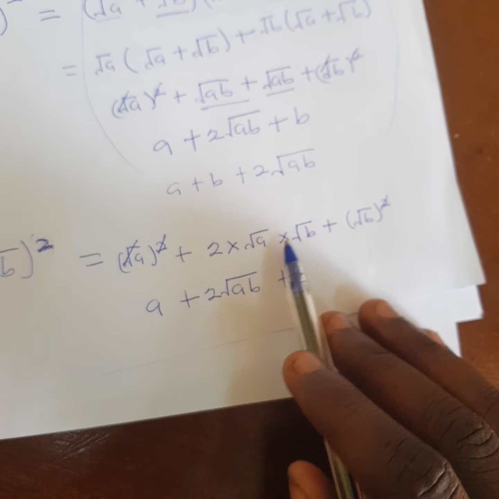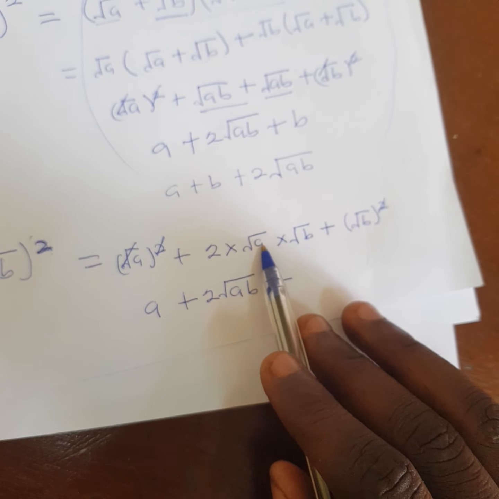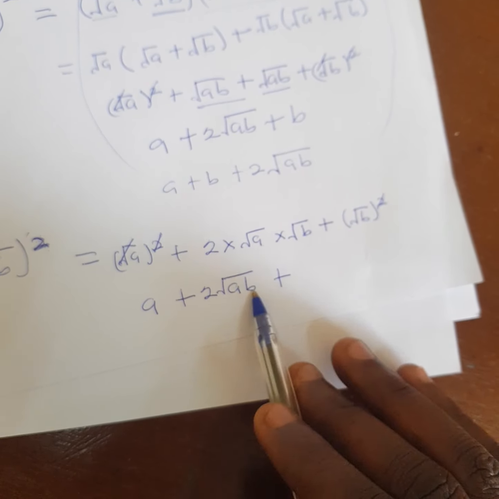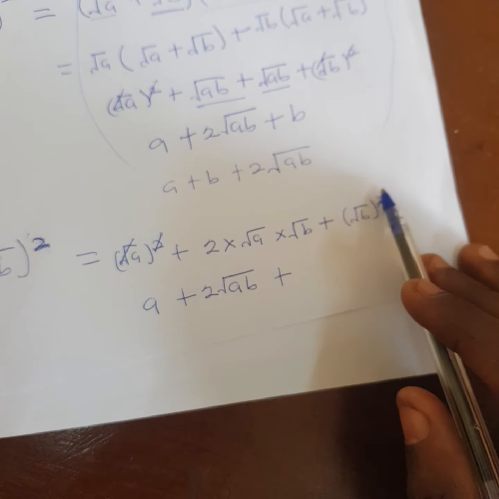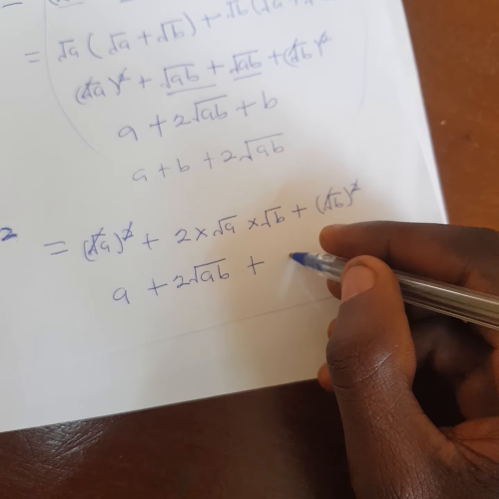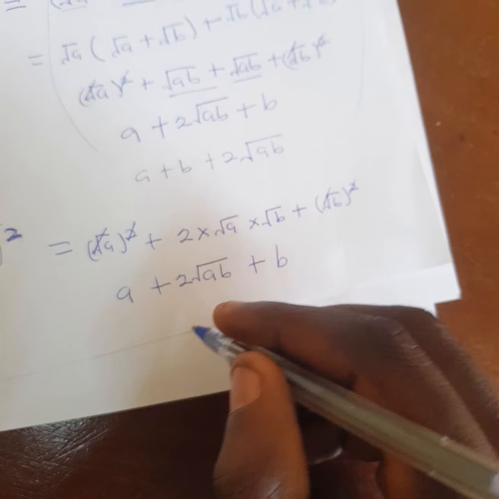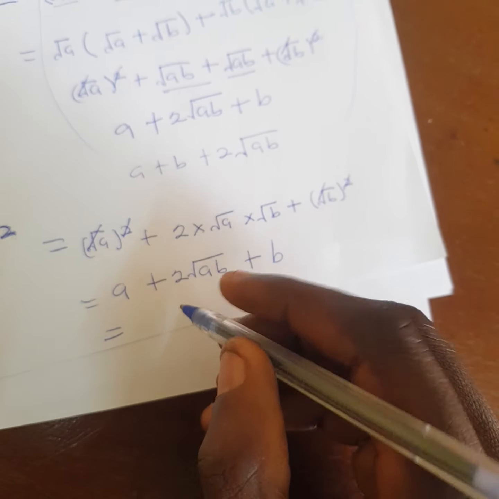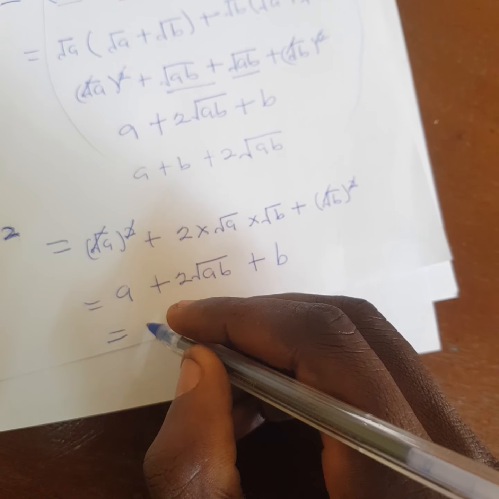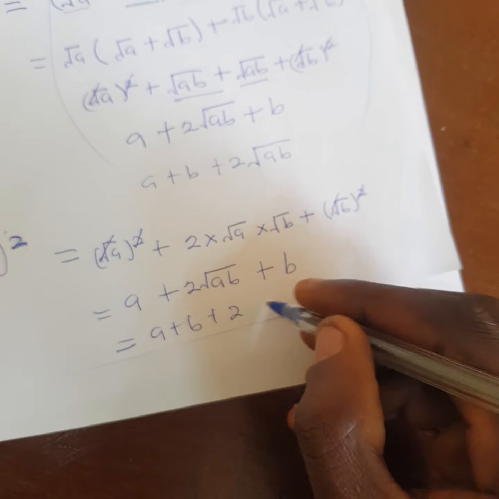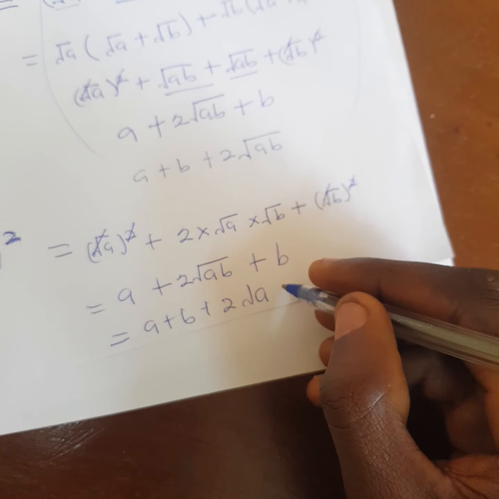When you multiply this, this will multiply this, which will be root of ab. 2 times it will give you this, and then this will also cancel out this, and you get b. So you realize that we've gotten the same thing, which is a plus b plus 2 root of ab.